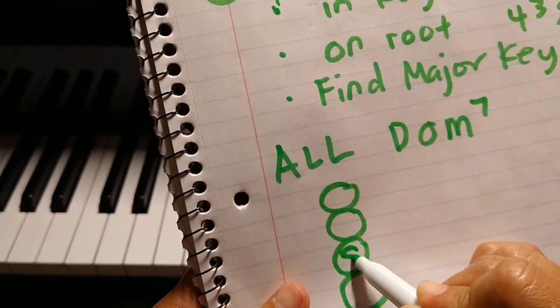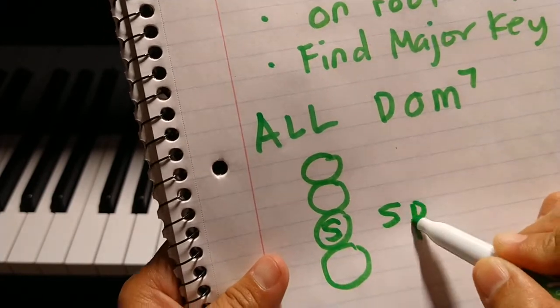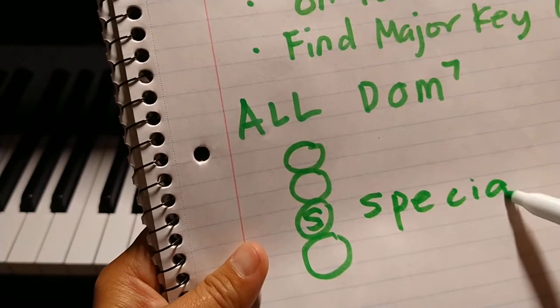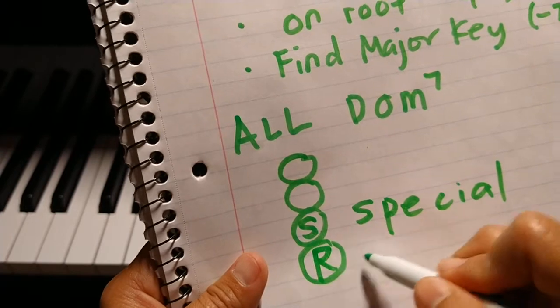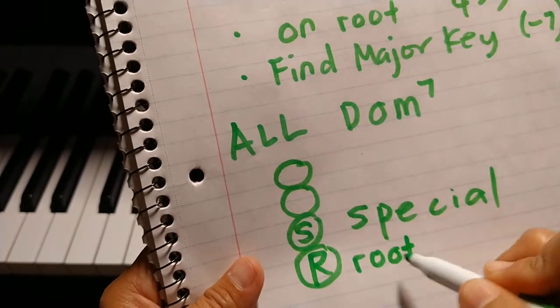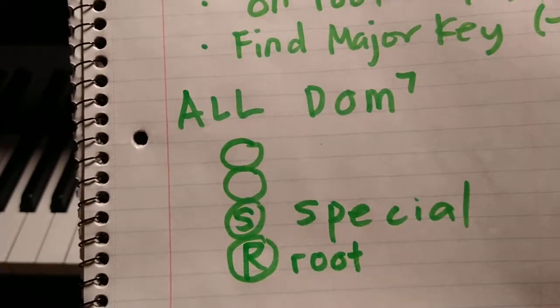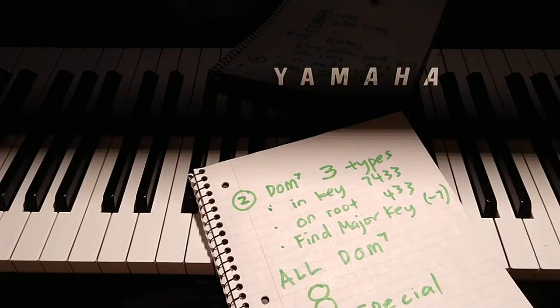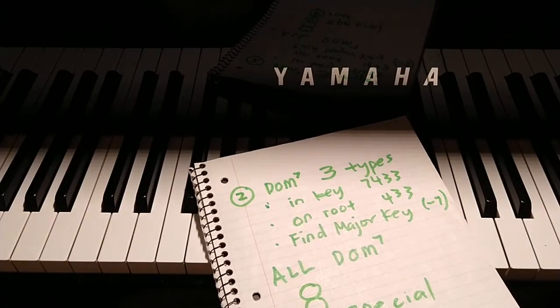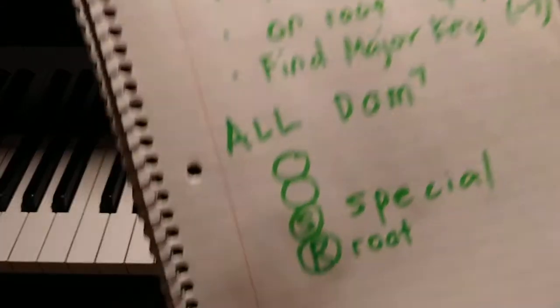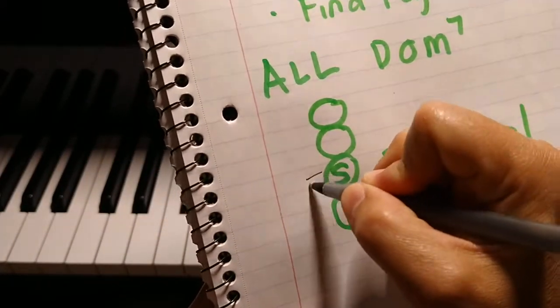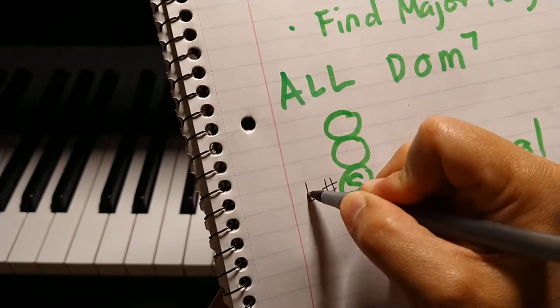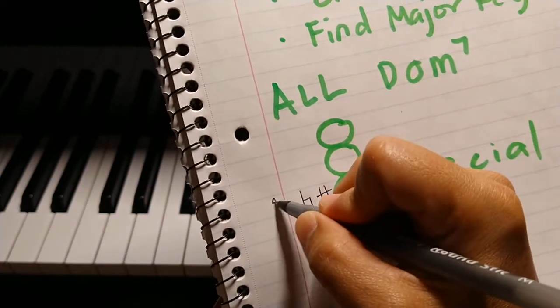This note is special. Not your root. This is your root. Root is okay. Root is important, but this note is special. Why? Because this note must have an accidental of either a sharp or a natural or a double sharp.